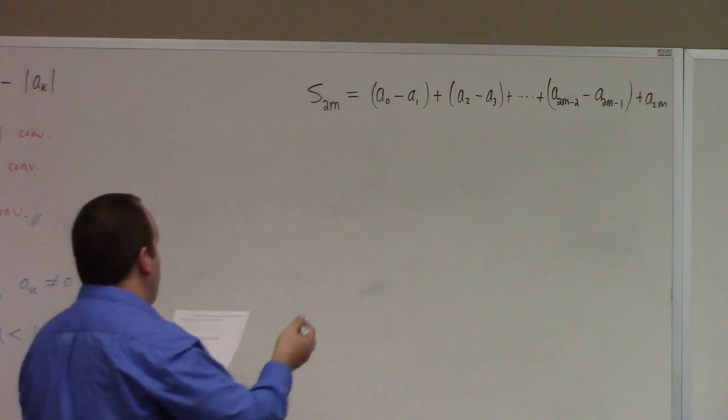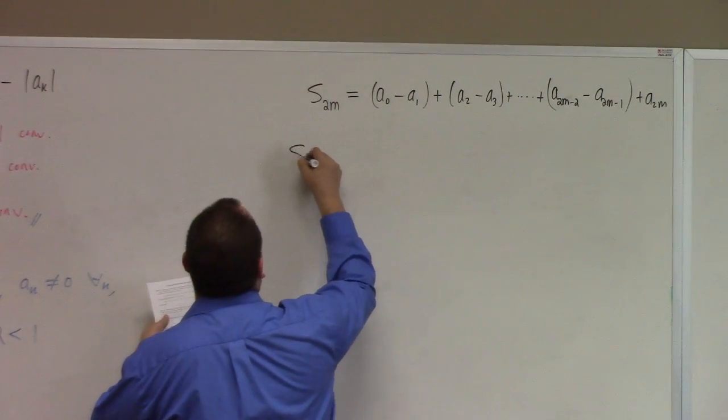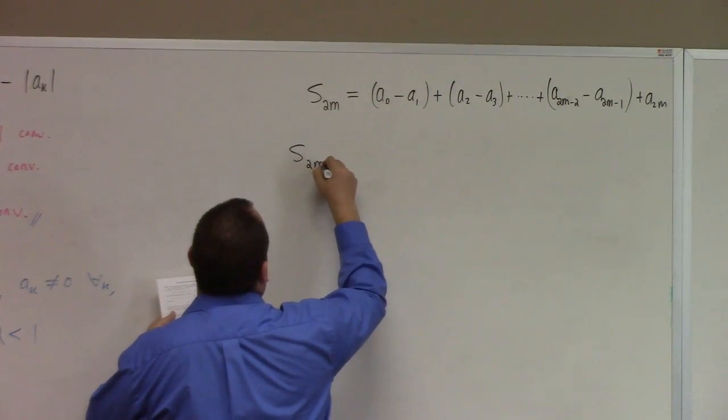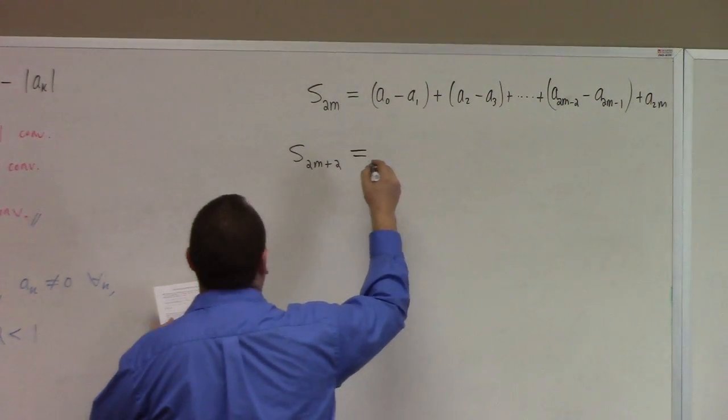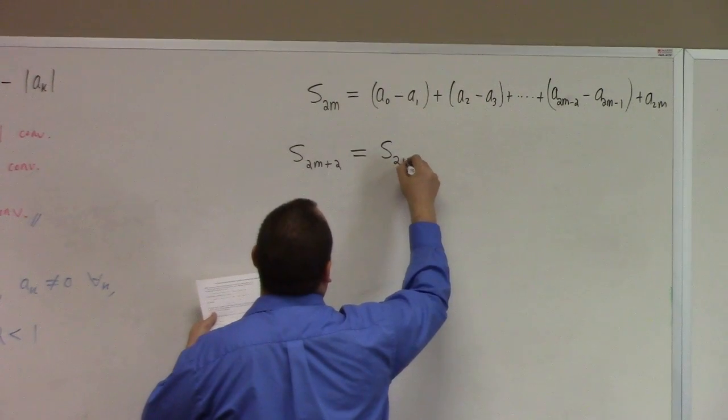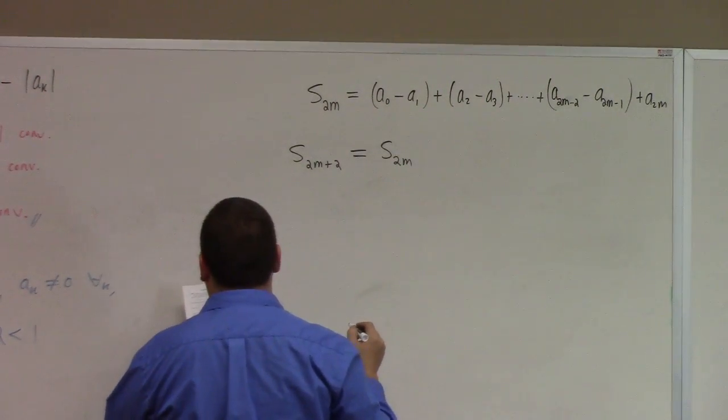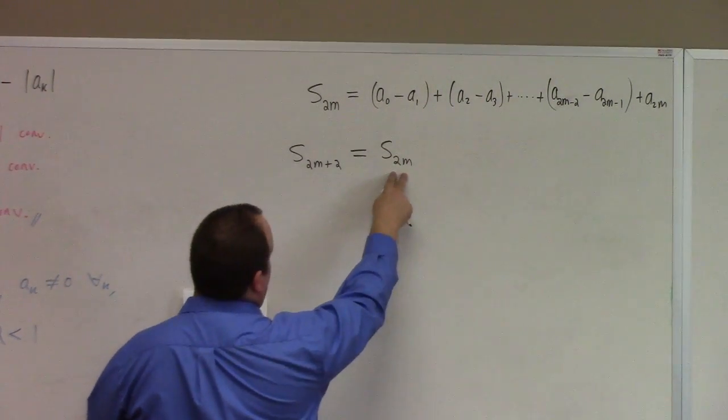Now, here's a formula that relates the 2m plus 2th partial sum to the 2mth partial sum. What do you do to get to this from that?